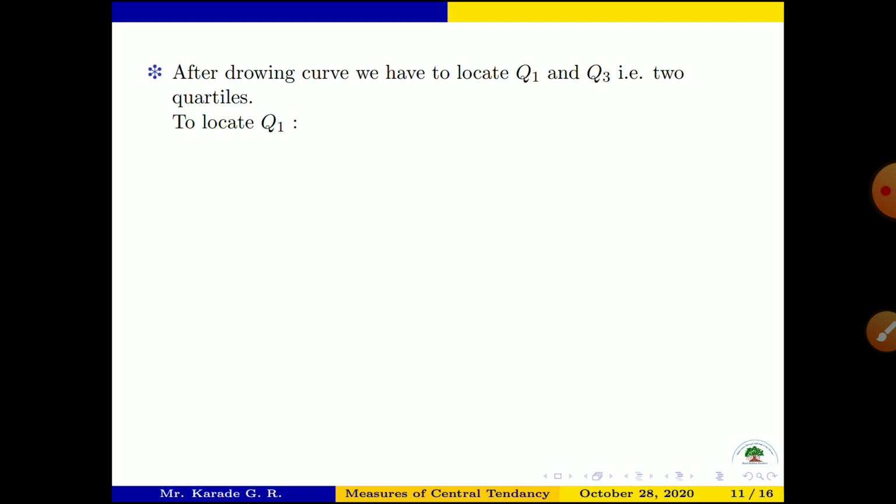To locate Q1 we find the observation with number n by 4. That is 120 upon 4, that is the 30th observation.